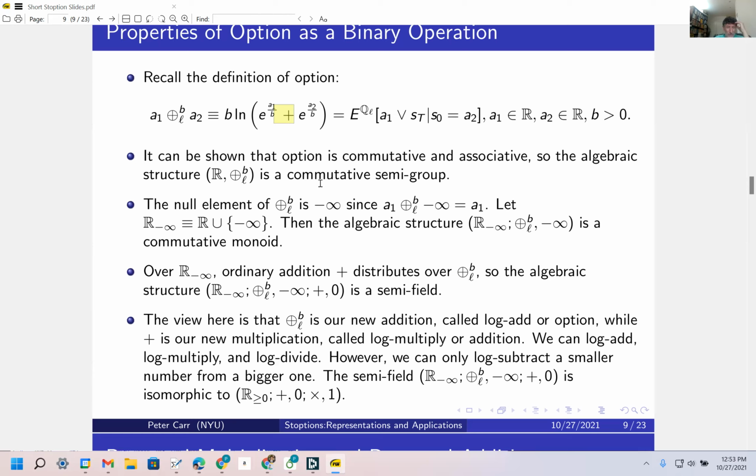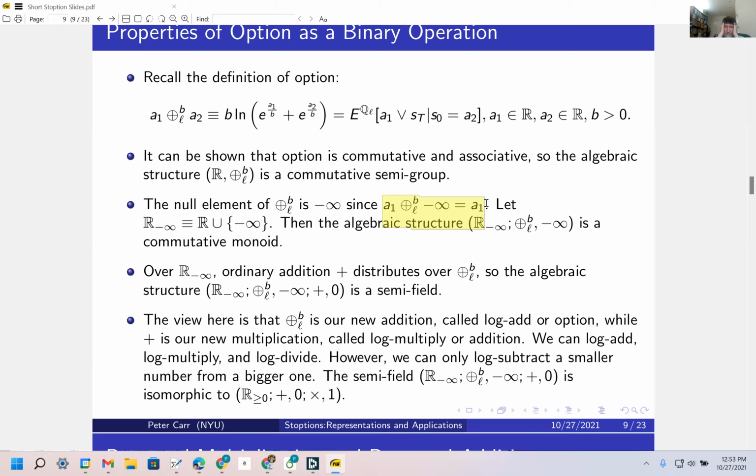So we want to make clear that for this new binary operation, circle plus, which is log sum exponential, there is a so-called neutral element or null element, it goes by either name, and it's minus infinity. So the reason this deserves the name of null element is that when you make one of the two numbers be this minus infinity, then you get the other number back.